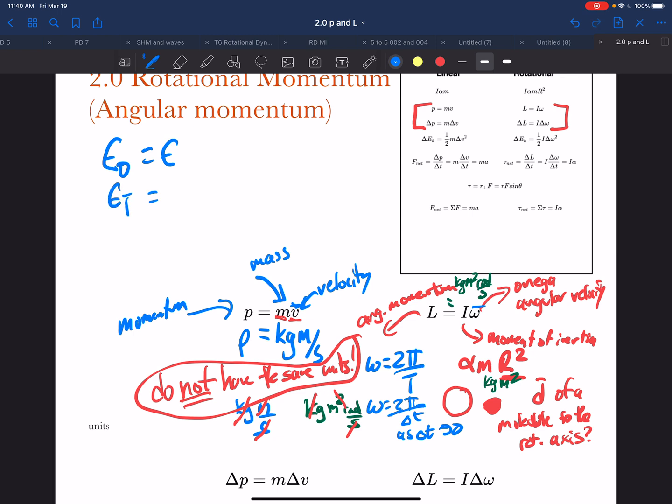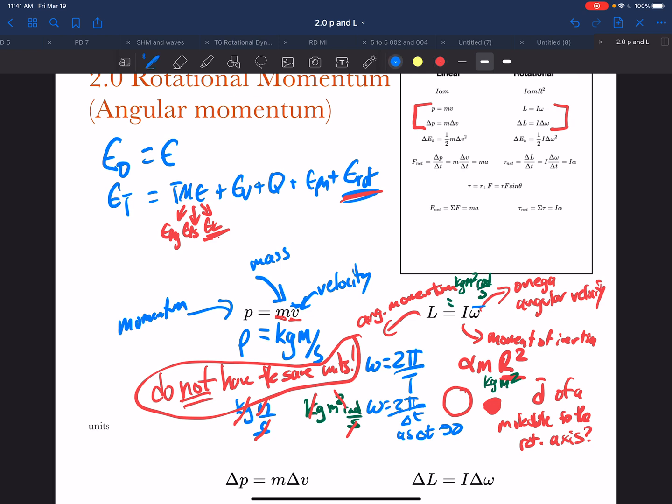That means the total energy is also due to all different types of energy: total mechanical and vibrational and thermal and light energy and rotational energy. We know TME is related to the translational kinetic, the gravitational potential, and the potential energy of a spring. So we have kinetic and rotational kinetic.